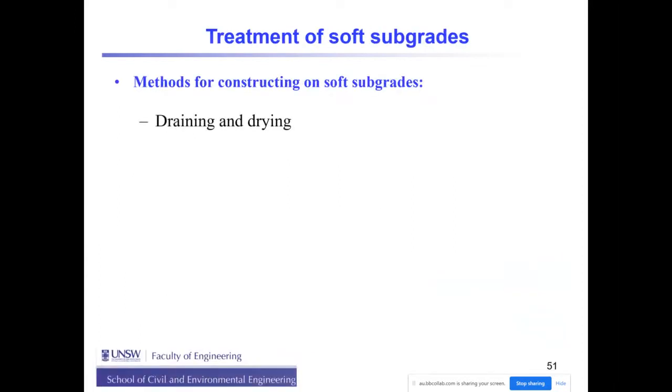Here are some methods. First thing is to try to get rid of water by providing good drainage boundary conditions. Try to make the soils dry. In that case, you will have higher level of strength. The second is for the case that we are dealing with a thin layer. So the surface layer is a thin layer and it's a soft soil.